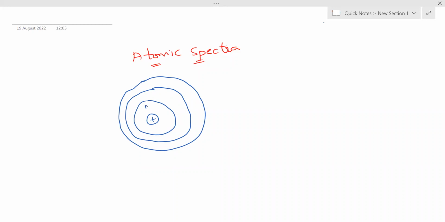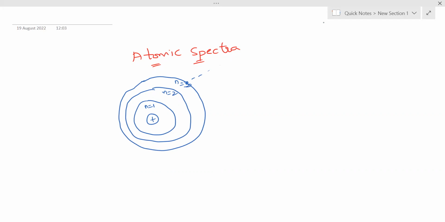Starting from here, n is equal to 1, n is equal to 2, n is equal to 3, and so on. Here the orbit which is closer to the nucleus has more energy. So n equal to 1 orbit has more energy, then n equal to 2, and the energy keeps on decreasing in this fashion. Now we know that electrons exist in these orbits.